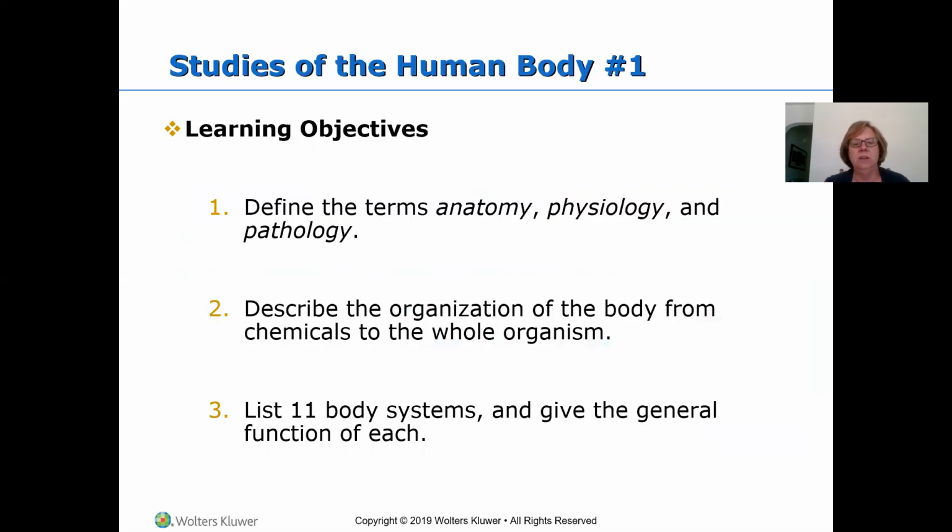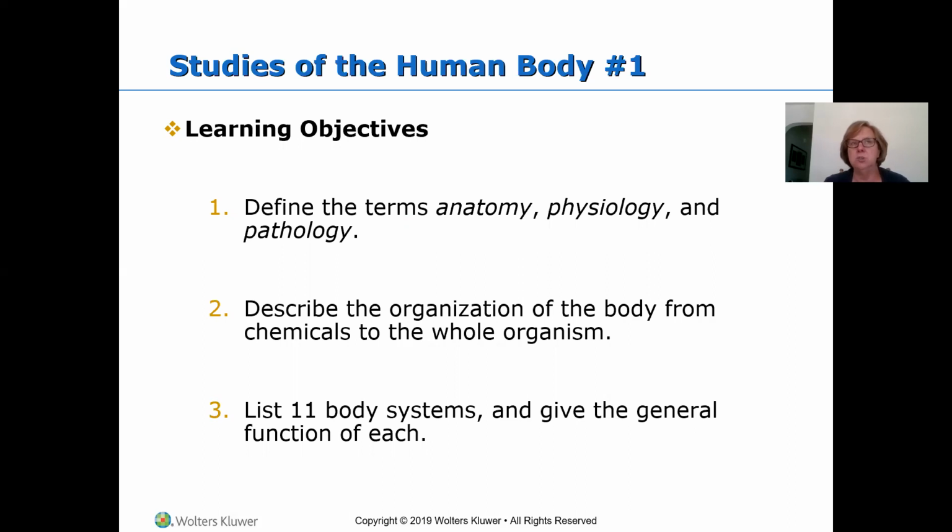Okay, so if we define some terms: anatomy, physiology, and pathology. That's one of the main objectives that we have for this chapter. And then to describe the organization of the body, from the chemical to the whole organism.